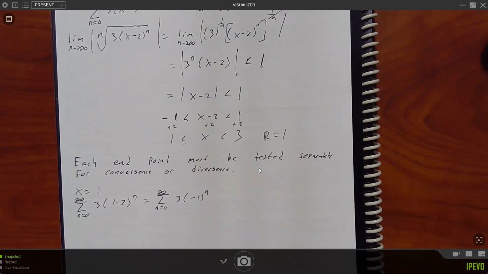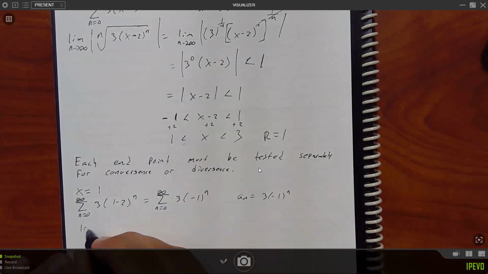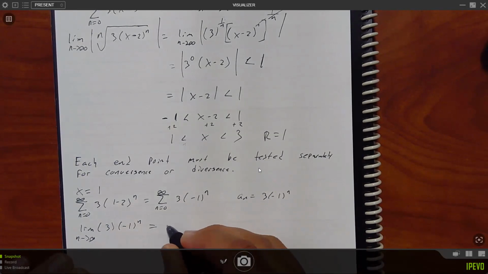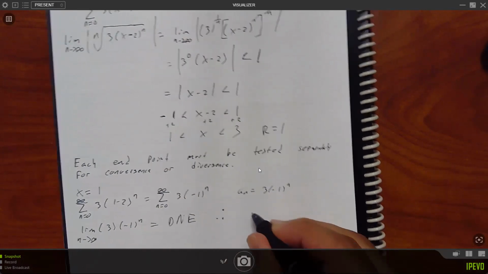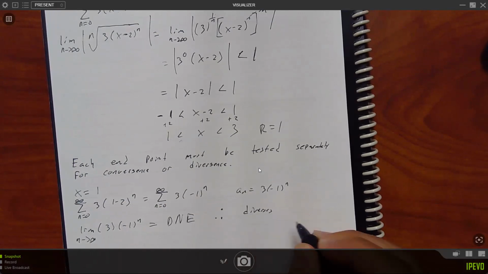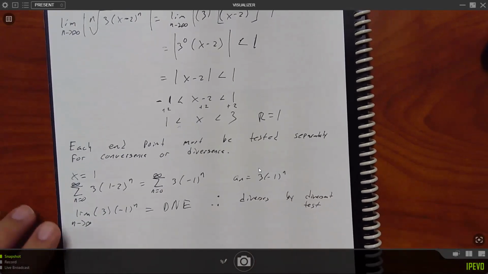So it doesn't stop at a single point, does it? Remember we said that if we do the divergent test, we take the a_n, the limit of a_n must be 0. And the limit does not exist, so therefore it diverges by the divergent test. So we cannot include the 1.